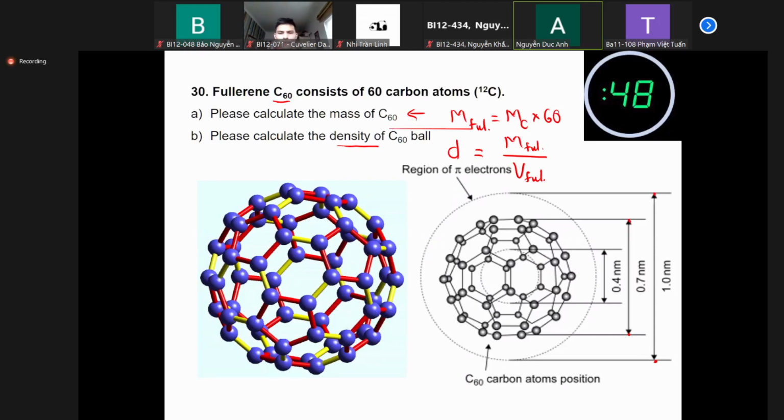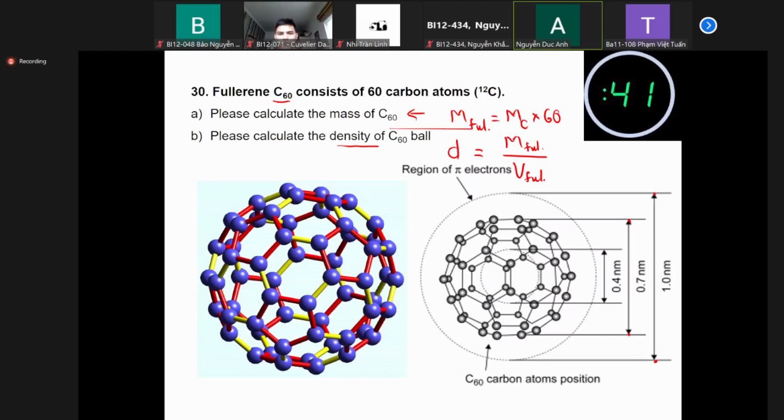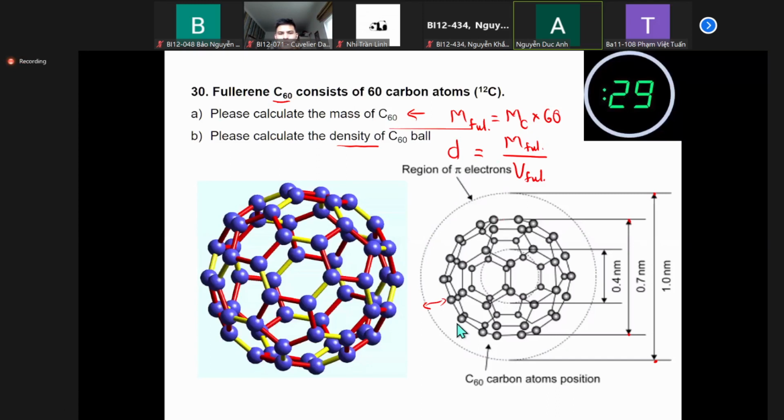If you consider fullerene staying alone without any contact with the others, sometimes we can neglect the movement of the pi electrons. So you don't have to care about the pi electrons. You see only the diameter of the fullerene, which is 0.7 nanometer.